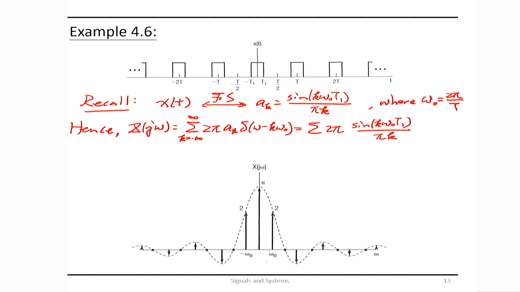All right. Now let me rearrange this. Let me cancel out the common pi terms, and multiply the denominator by omega naught, so I multiply it back outside, so that nothing changes.